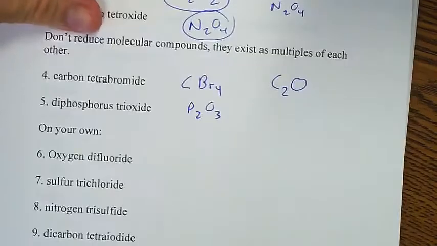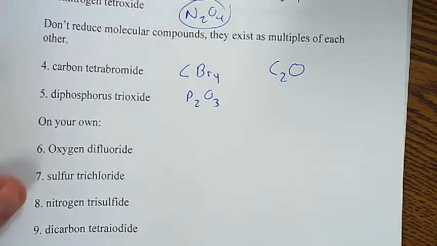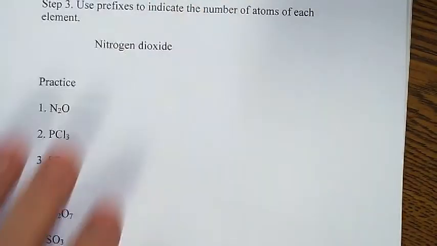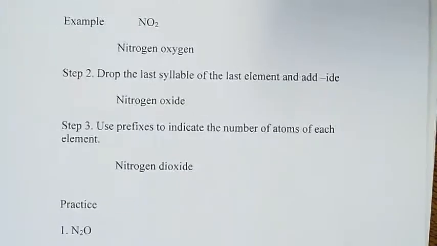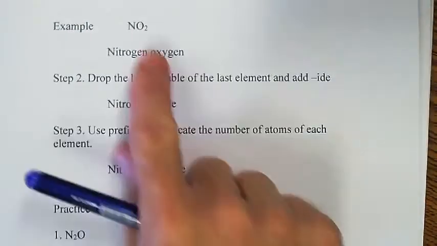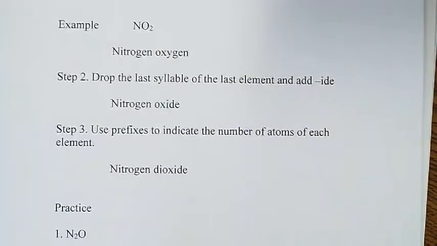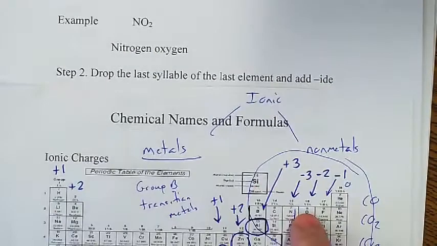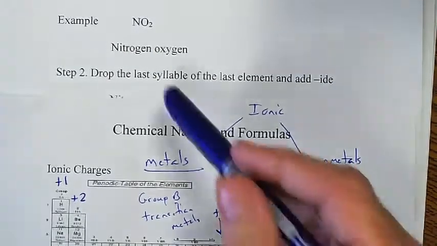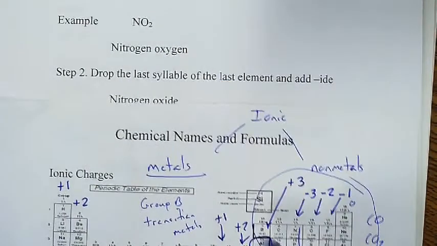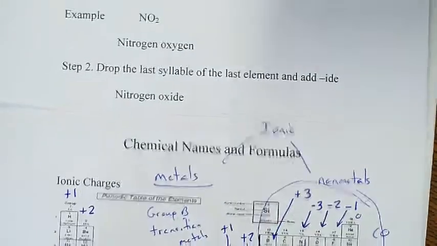All right, naming molecular, you can do those practice problems on your own. If I were you, like I said, I would pause this and go do the practice. When you're naming molecular compounds, you have to use prefixes to indicate how many of each element are there. We know it's molecular because it's nitrogen and oxygen, two nonmetals. So nitrogen and oxygen, drop the ending like always and change it to IDE.